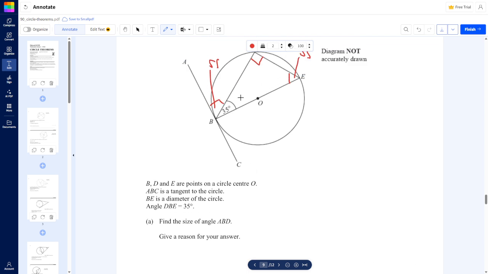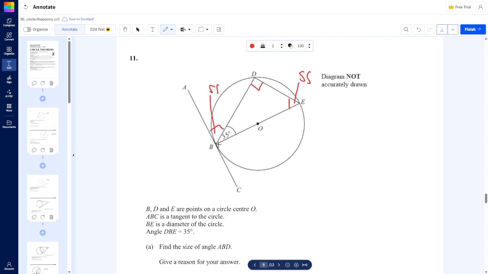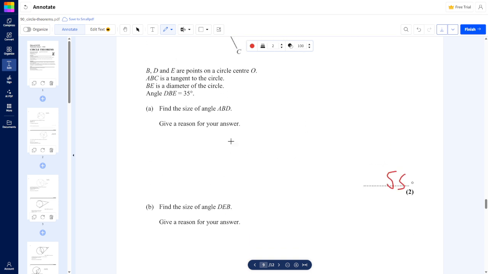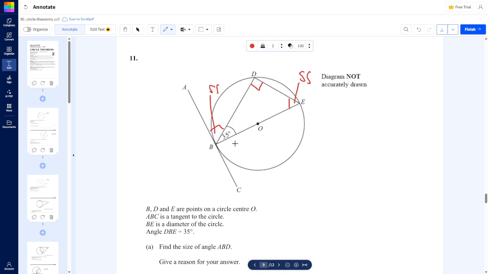Then angle DEB is 55 degrees because of angles in a triangle. And finally angle ABD is 55 degrees because of the alternate segment theorem. So we get 55 degrees. Find the size of angle DEB.